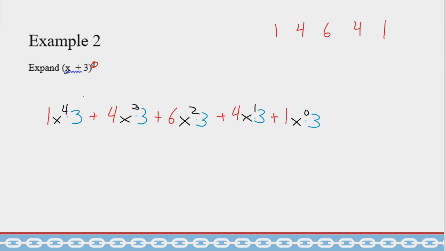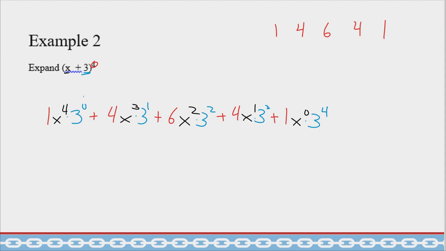And I know those 3's need exponents, and I go backwards: 0, 1, 2, 3, 4. Now, because in this binomial I have a constant, I'm going to actually get fewer variables and more just number answers.